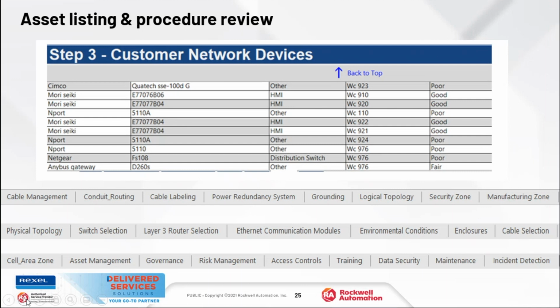Then we provide you information back based on those industry standards of policies and procedures that should be implemented or need to be updated, and we provide you with that remediation as well. So you get a full snapshot, physical, logical, virtual, and around security, of what your network is today, which provides the perfect foundation to help it move forward. Next slide, please.